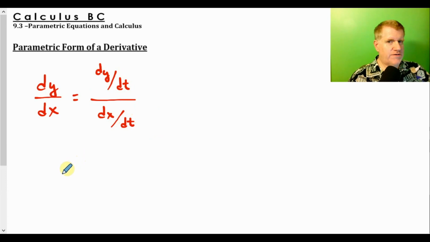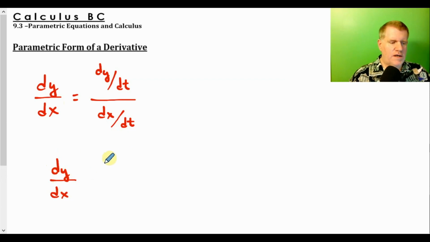Now it's a second derivative that's interesting. If you remember this notation, the notation by Leibniz, dy over dx. If I have a derivative and I want to take a second derivative, then really I'm taking the derivative of this thing with respect to x again.